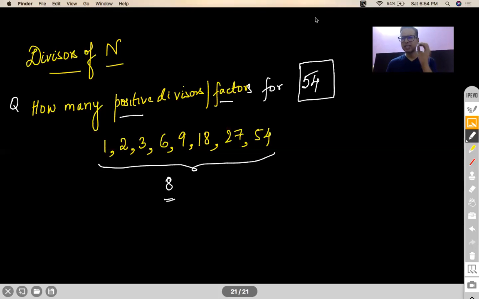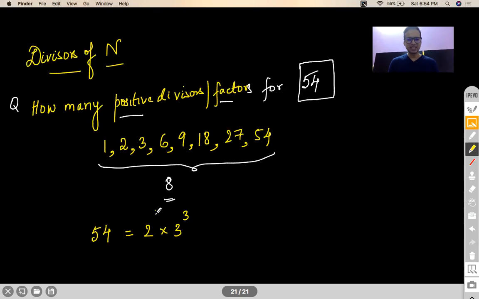I want you to think from whatever we have done so far, after the break. Try to link the concept of selection from identical objects to crack this problem statement. Okay, Anurag, very good suggestion. Wow, Aditya has given a very wonderful answer. He's saying prime factorize this, which is actually 2 into 3 to the power 3.